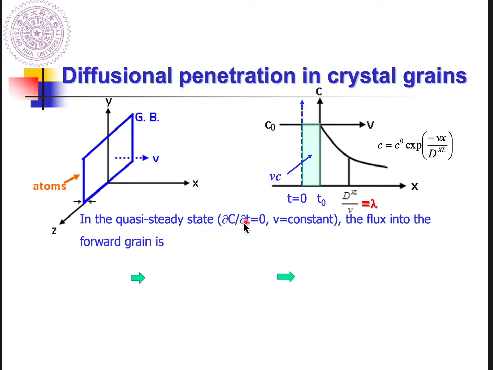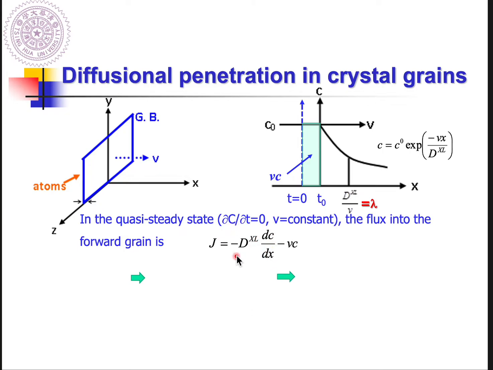That means the concentration profile does not change with time, and v equals a constant, the moving velocity is constant. The flux of the diffusing atoms into the forward grain can be formulated based on Fick's first law as minus D times the concentration gradient.